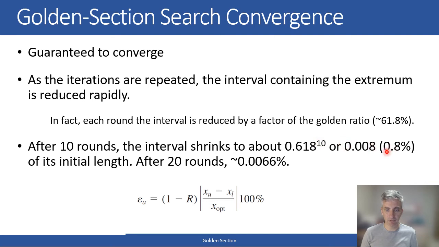So it'll become 0.8% of the initial interval that you chose. Or if you do 20 iterations, it'll become 0.066% of the interval that you initially chose. So it converges very rapidly and quickly.